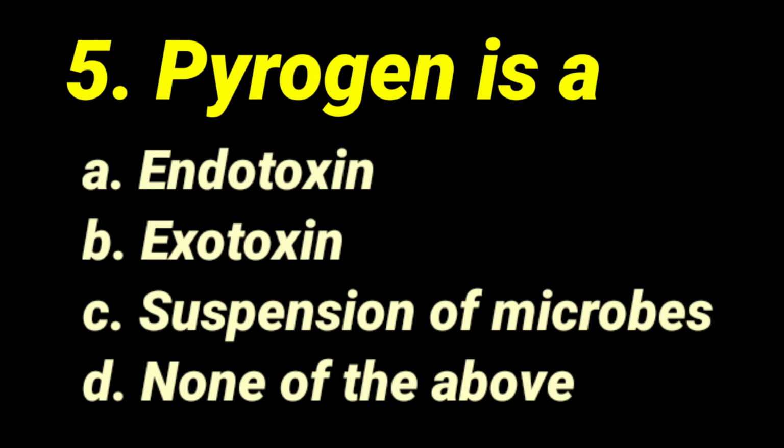First and foremost we have to know the meaning of endotoxin and exotoxin. Endotoxin consists of thermostable proteins. Exotoxin consists of thermolabile proteins. We already know what is thermolabile and what is thermostable.